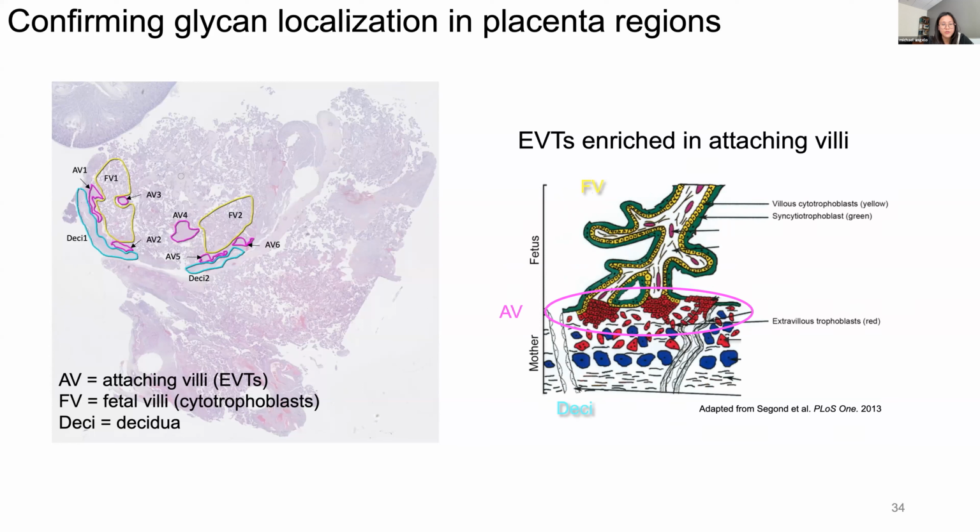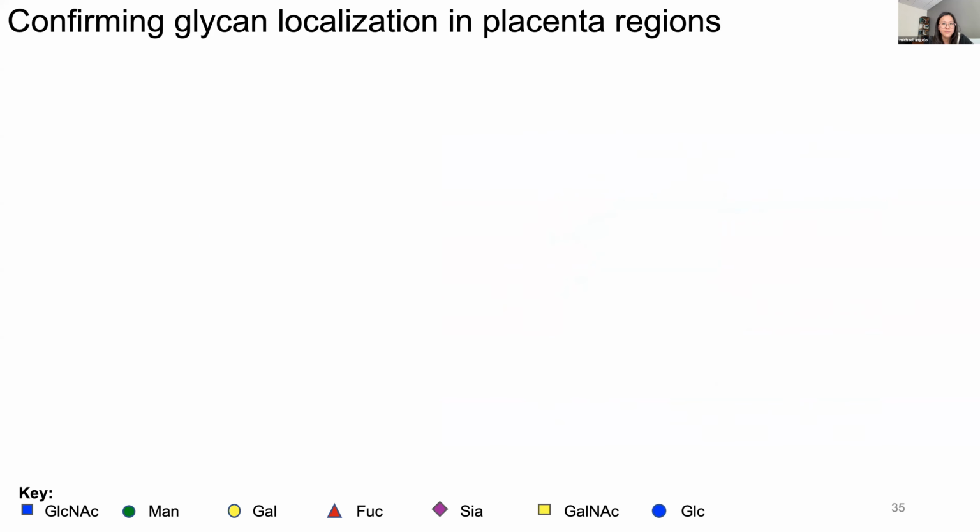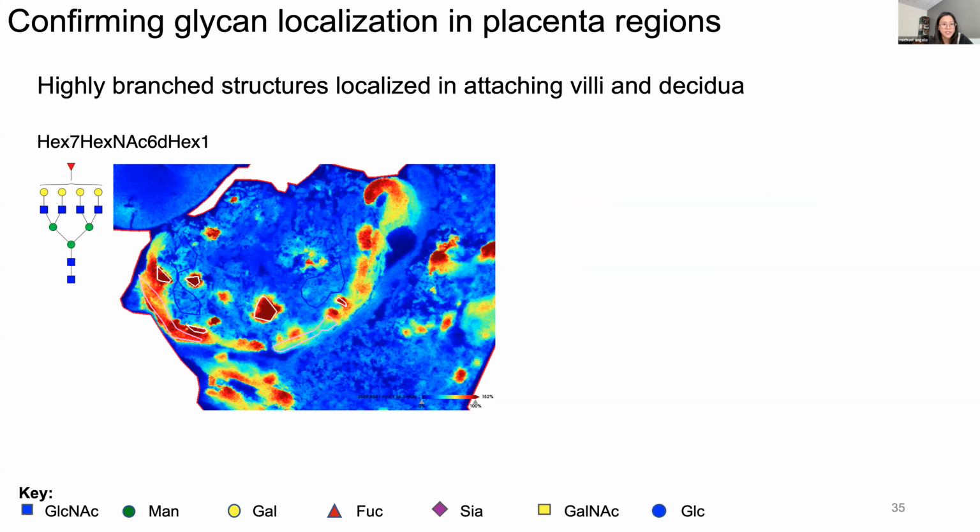As Mike has mentioned, they are enriched with extravillous trophoblasts. We also annotated the fetal villi regions, which are where cytotrophoblasts are found, and the decidua regions where maternal stromal cells are found. Then we performed multi-glycan imaging on the full tissue section, and we asked where these highly branched structures are located.